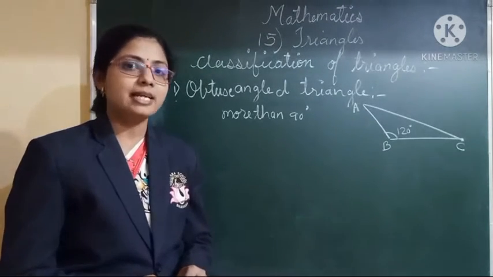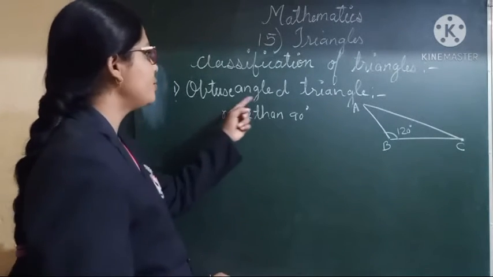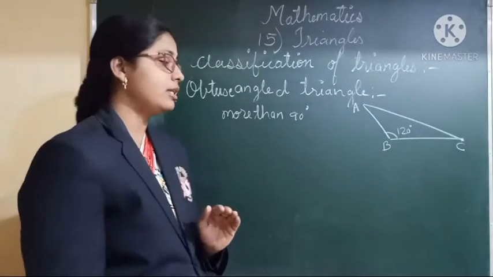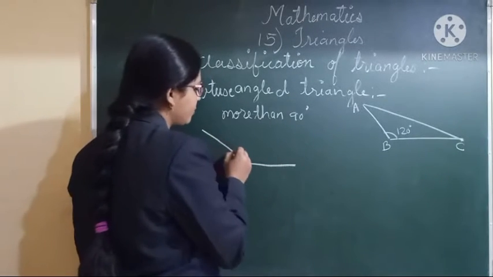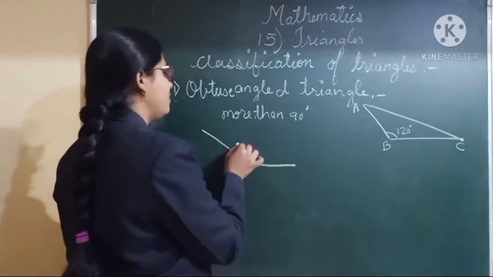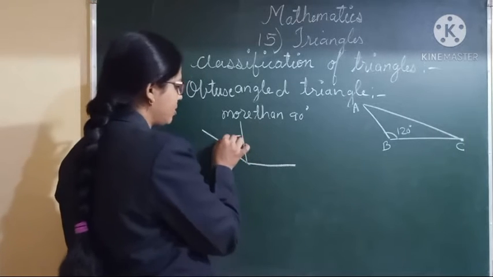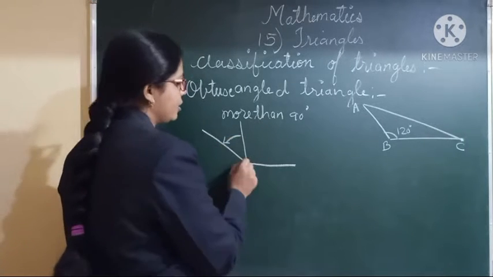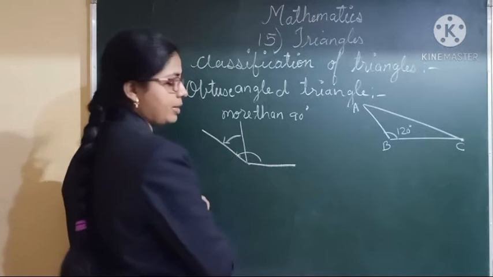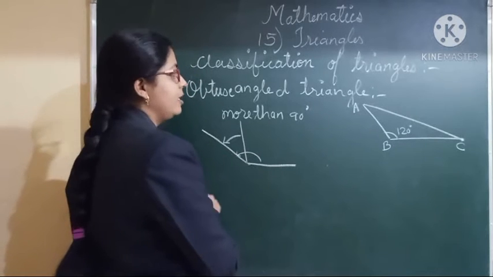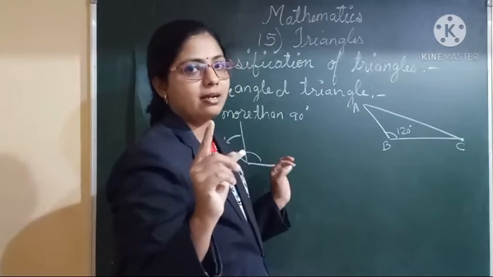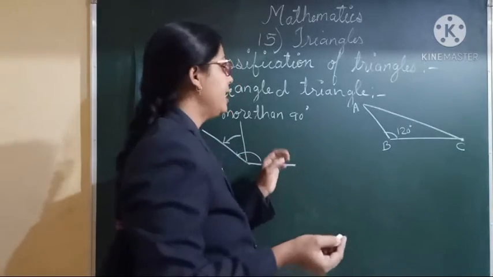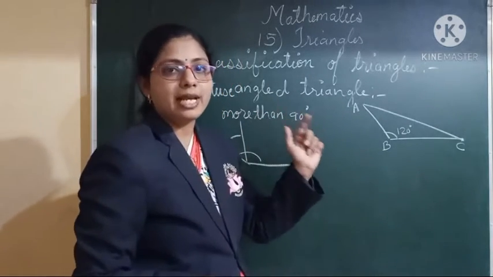Now the next type of the triangle is obtuse angle triangle. You have already learned what is the speciality of obtuse angle. The main point of obtuse angle is that it is always more than 90 degree. In the same way, if a triangle has at least one angle more than 90 degree, it is known as an obtuse angle triangle.